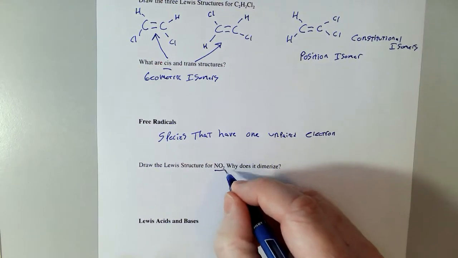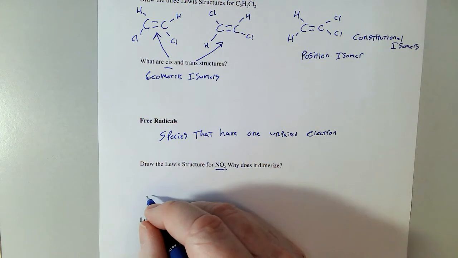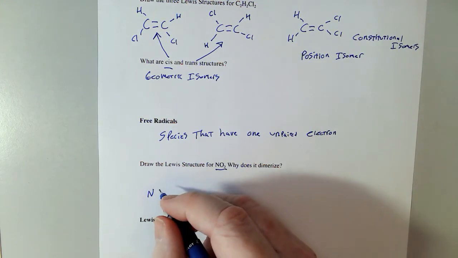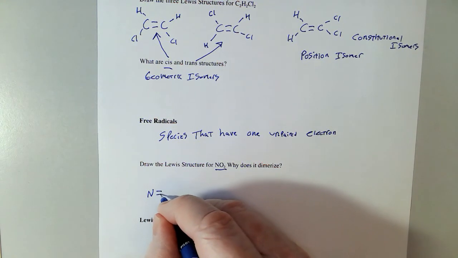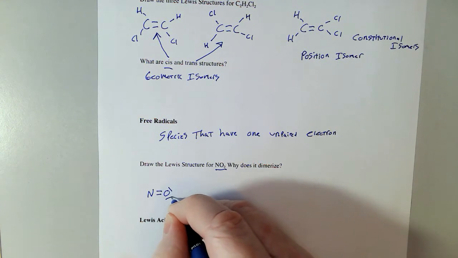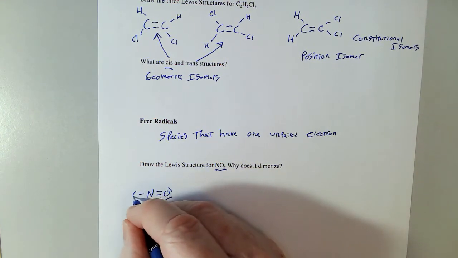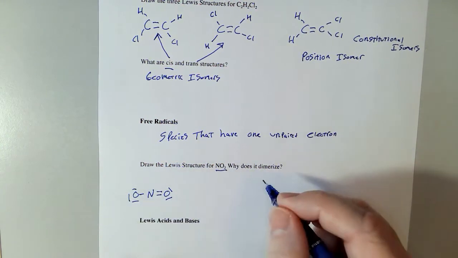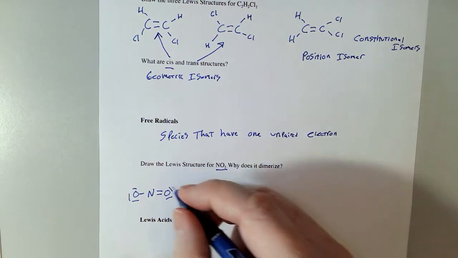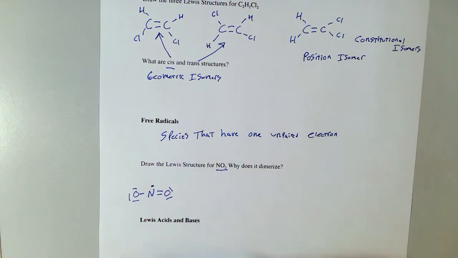Now, the NO2 molecule is a great example of it. Nitrogen, I'm going to do line structures, double bond to an oxygen that has 2 lone pairs, single bond to an oxygen that has 3 lone pairs, and 1 leftover electron.